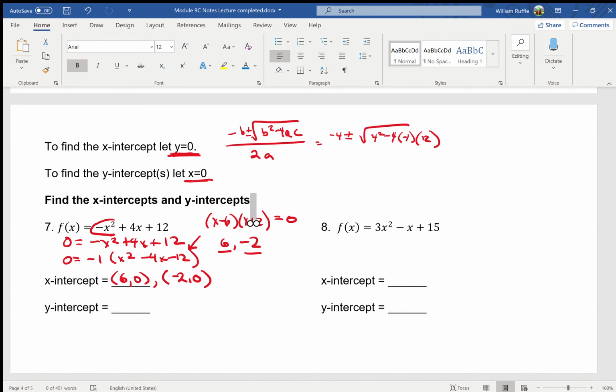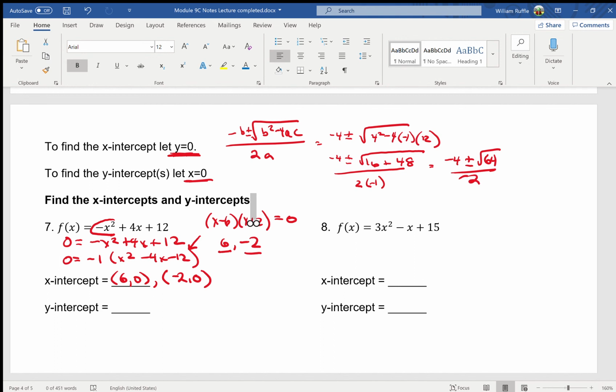Alrighty, so now if I do this out here, negative 4 plus or minus the square root of 16 plus, what's that, 48. Okay, so now it's all over 2 times negative 1. So we get negative 4 plus or minus the square root of 64 over negative 2.